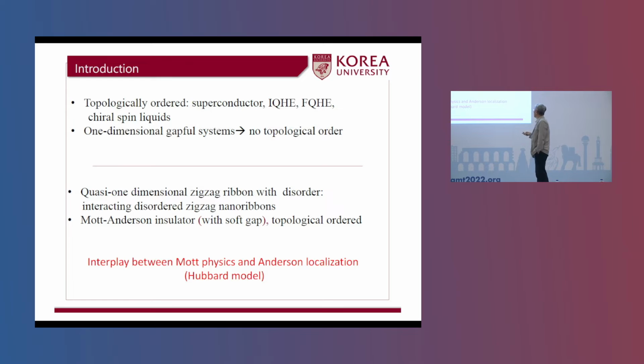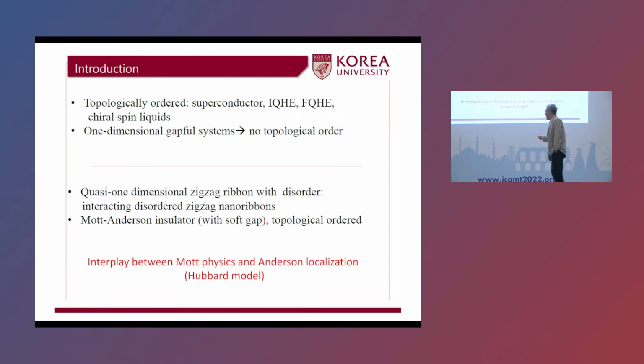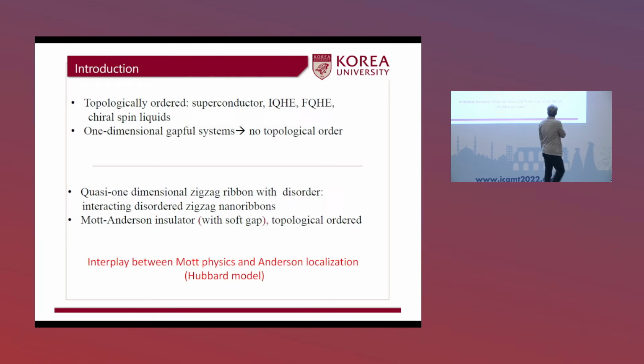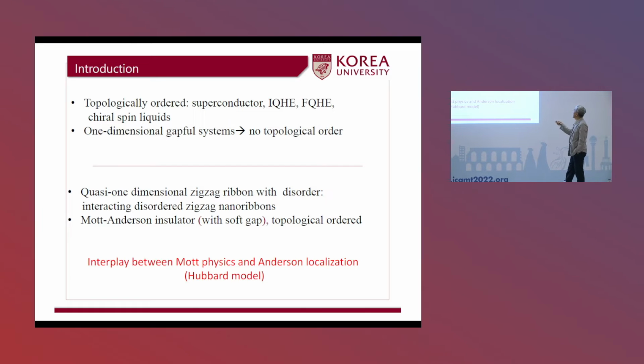Now, also one knows that one-dimensional graphene systems cannot have topological order. This is shown mathematically. The system that I'm considering here is a quasi-one-dimensional zigzag ribbon with disorder. So there is a loophole to escape from this theorem.